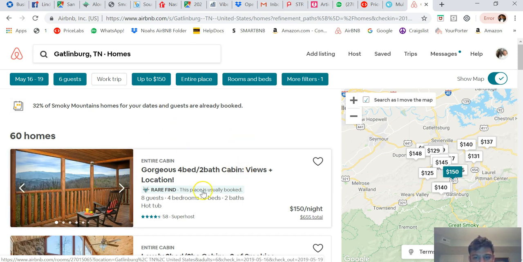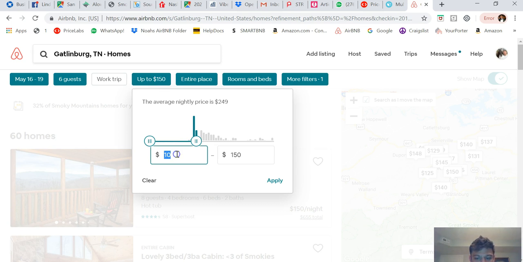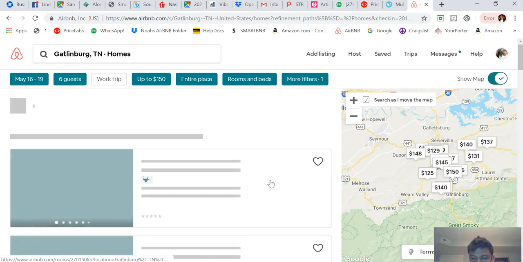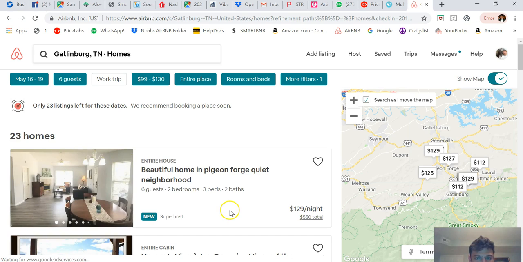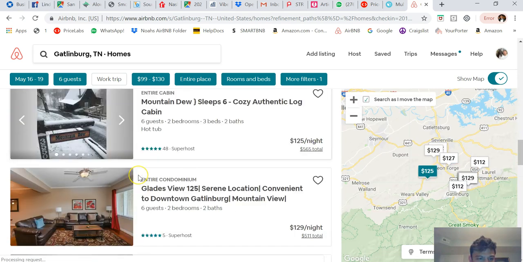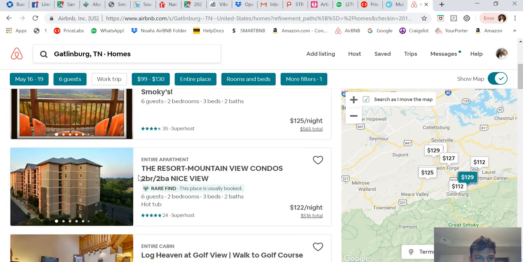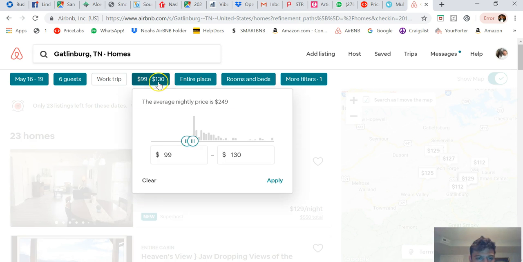So there's a bunch of them between 130 and 150. Let's see how many between 90 and 130. Not a whole lot. And they don't look that great. They look kind of like hotels, not like real cabins. So you can tell we definitely should be above 130.